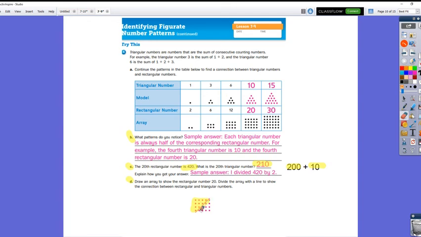Okay, so 20 is the fourth rectangular number. They made an array, and 10 is the fourth triangular number. And I can show that here by just slicing the rectangular number in half, because the fourth triangular number is going to be half as much as the fourth rectangular number.